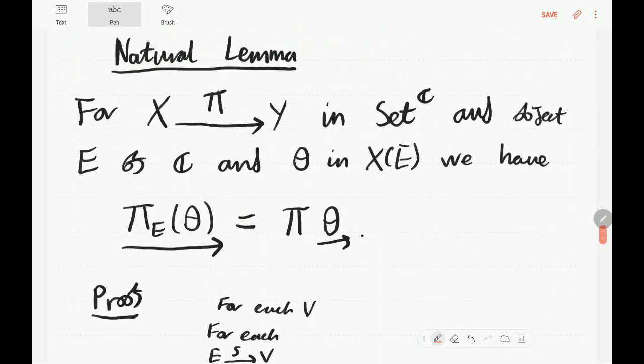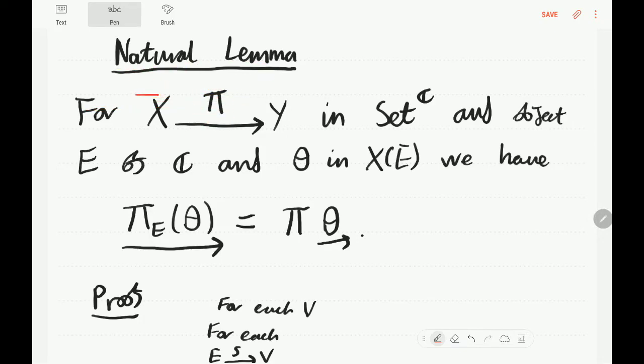Of course, the natural lemma applies for a general category set to the power of C. We don't necessarily have to be talking about the category of functions. So more precisely, what the natural lemma says is this.